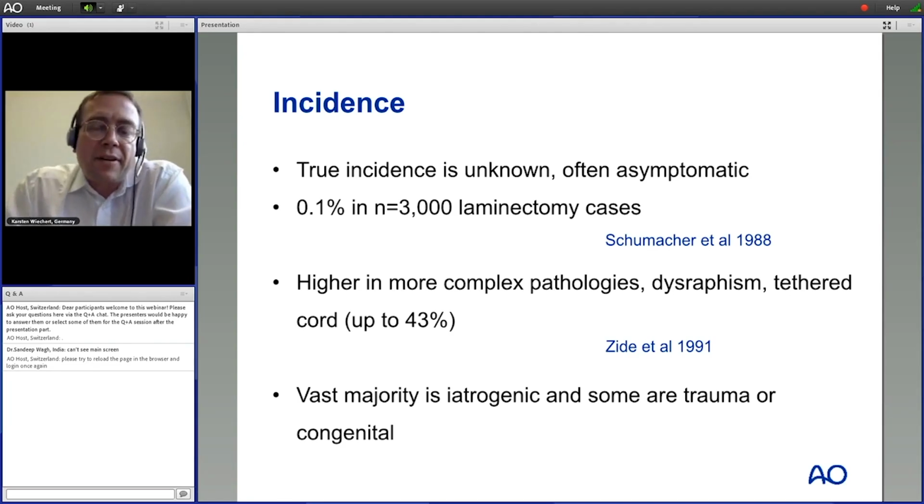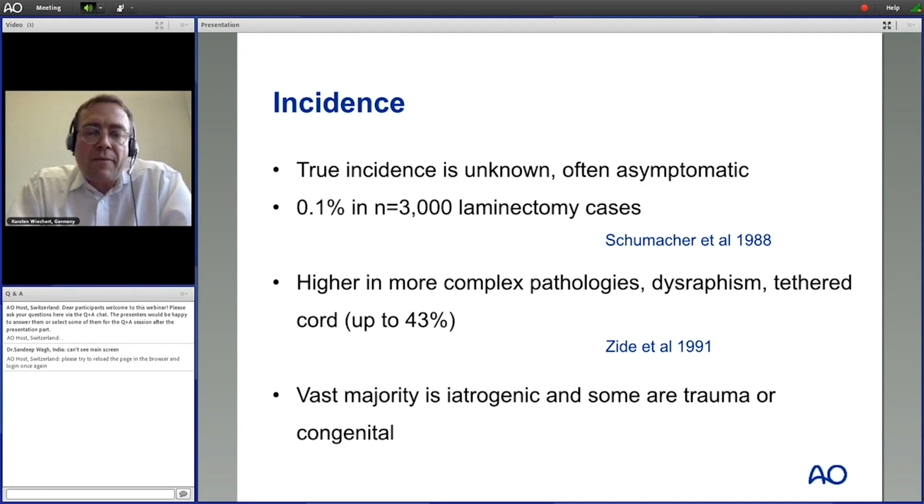Now, there's a study from the late 80s showing 0.1% in 3,000 laminectomy cases, but the rate obviously is much higher in more complex pathologies with dysraphism and other cord cases and so forth.